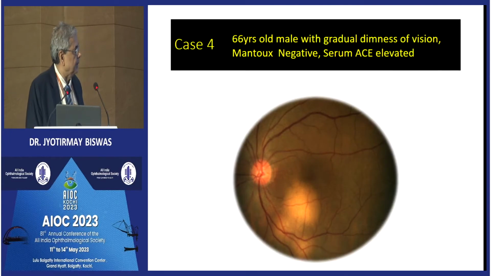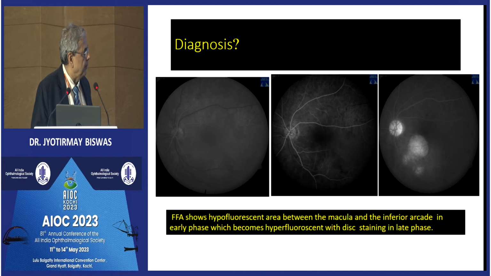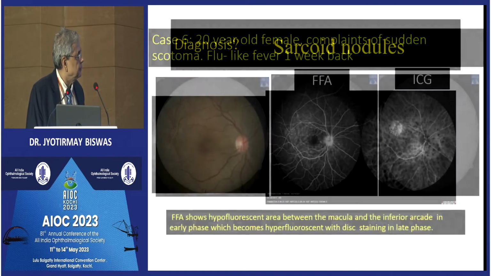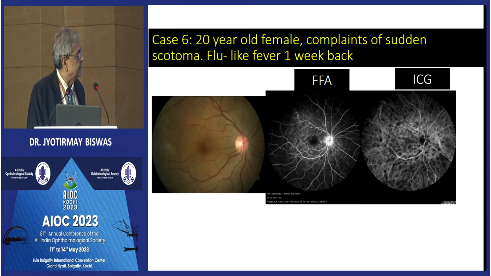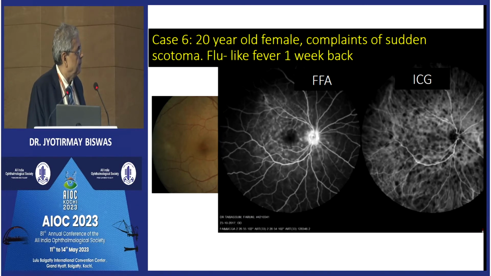In case of sarcoidosis, you will be seeing hypofluorescence which becomes a totally hyperfluorescent lesion. You don't see the ring of fire appearance in case of sarcoid granuloma. Another situation where you need a fundus fluorescein angiogram is multiple evanescent white dot syndrome.